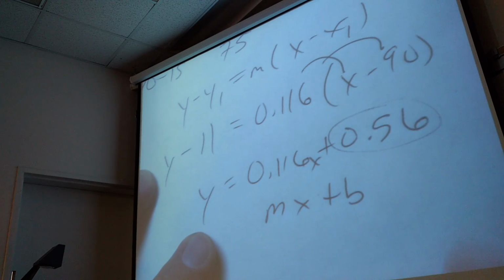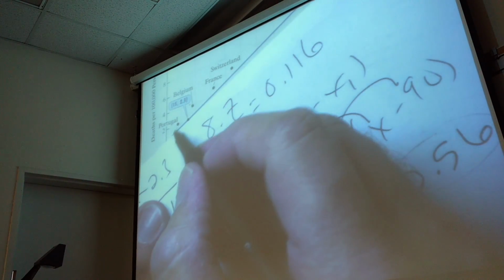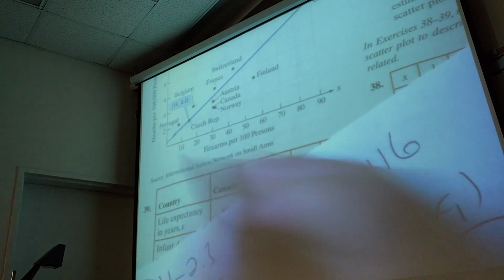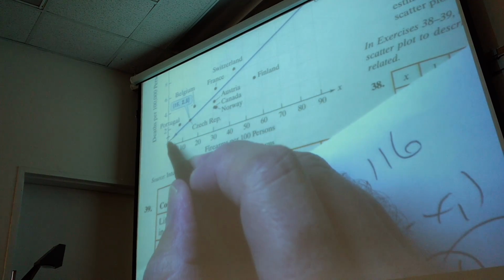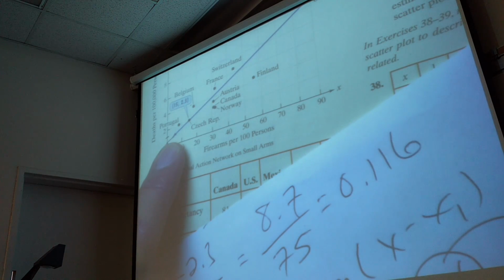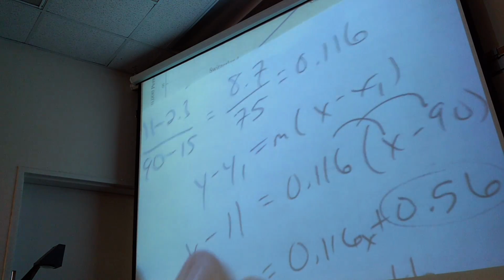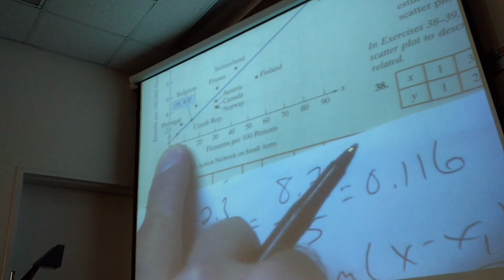We know this. So if I continue this line down, it does look like maybe it hits one half just about. 0.56 would make sense. Do you have to do what I just did? No. This is just me showing you that this line makes sense because it does match up with what it looks like the y-intercept is trying to be.